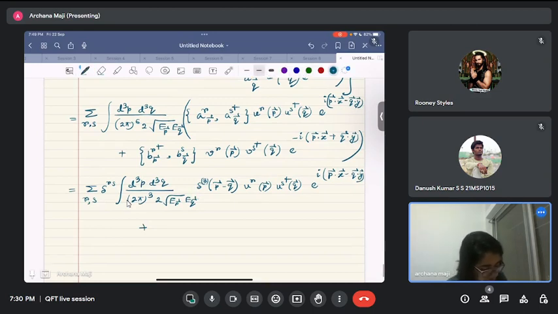So I'll take delta 3 common, v^r(p) v^s dagger(q), exponential minus i (p dot x minus q dot y).